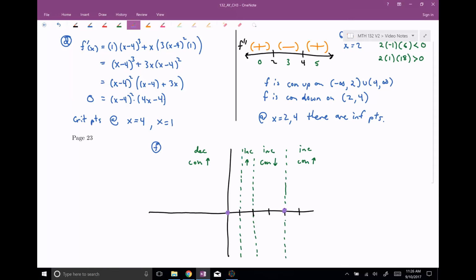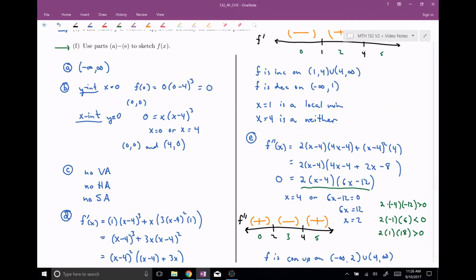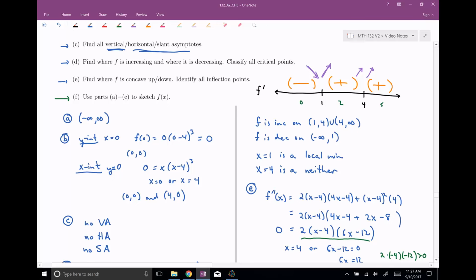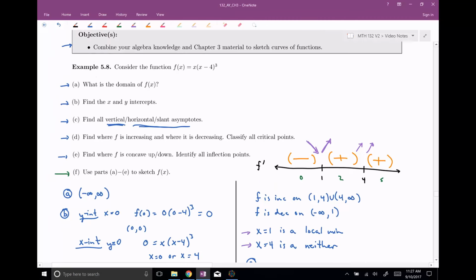Okay, and finally, a few other points that can be really useful: we know that there are some critical points at 1 and 4. If we can get the y values for those, that would be very useful. So let's plug those back into our original function, 1 and 4. We actually know already that at 4 we got out 0. So what happens if you plug 1 into the original function? f of 1 is going to be 1 times 1 minus 4, which is negative 3 cubed.